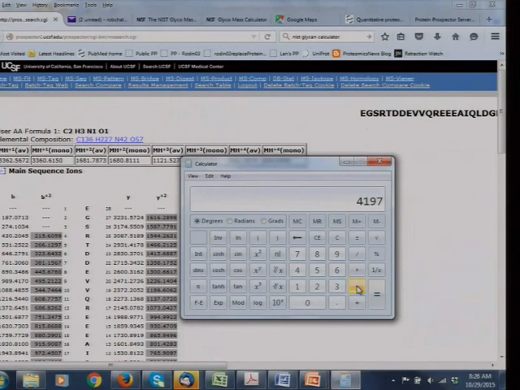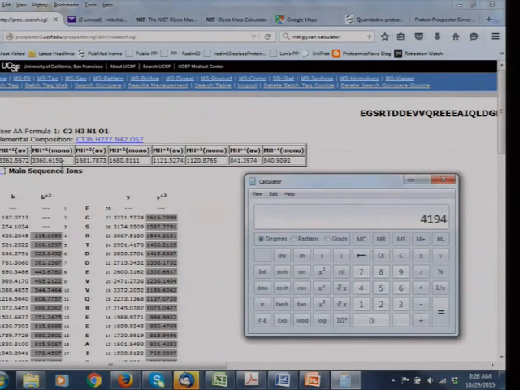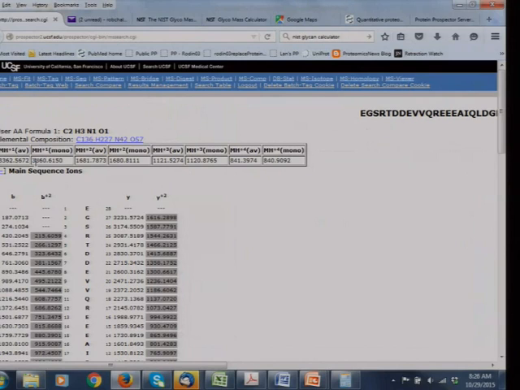And then I'm going to take away 3. That's what the mass would be if it was singly charged, with one HexNAc attached.